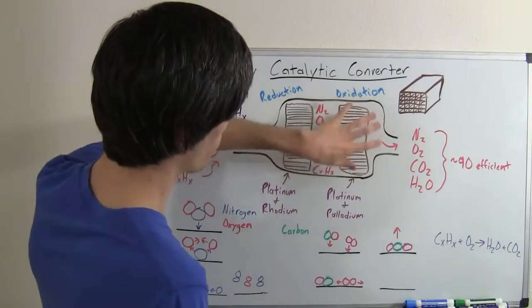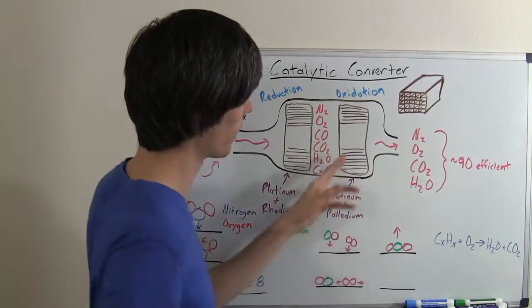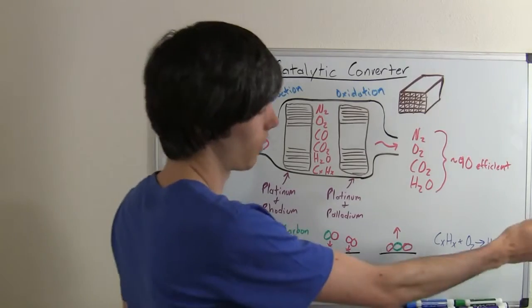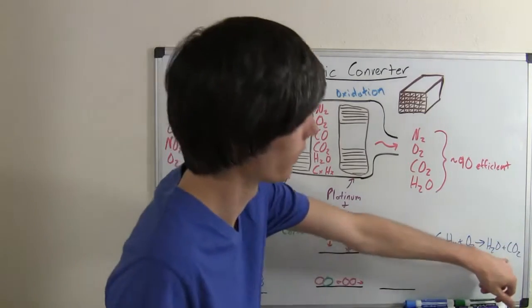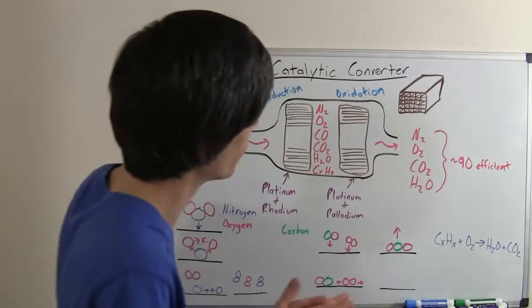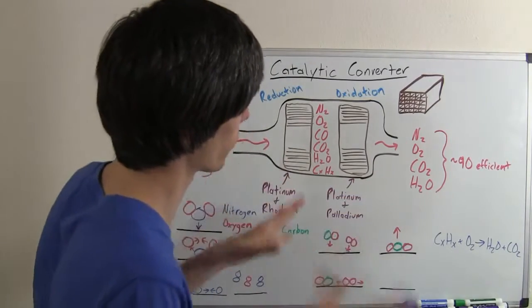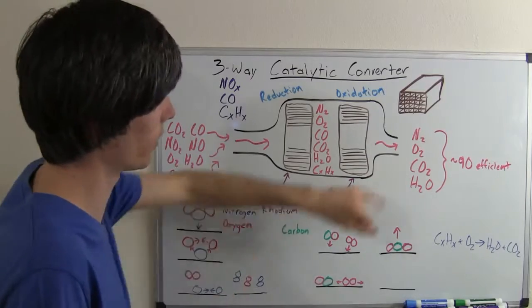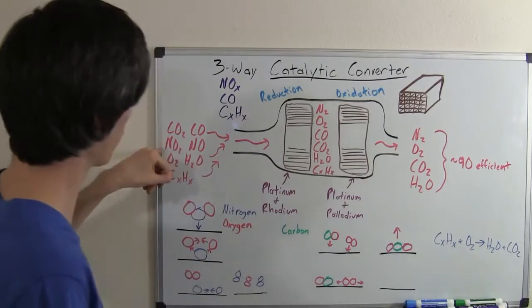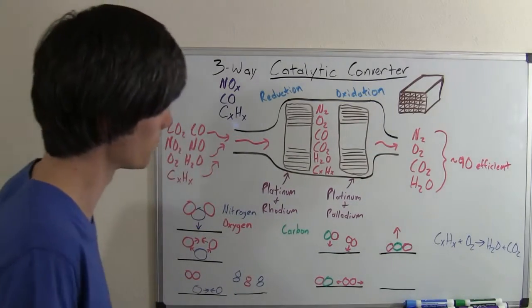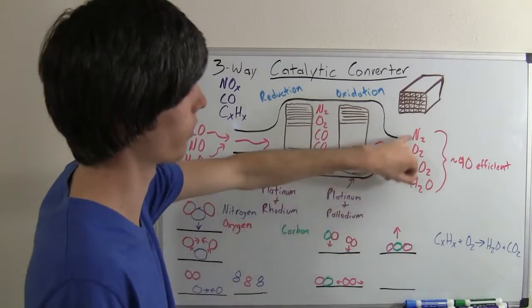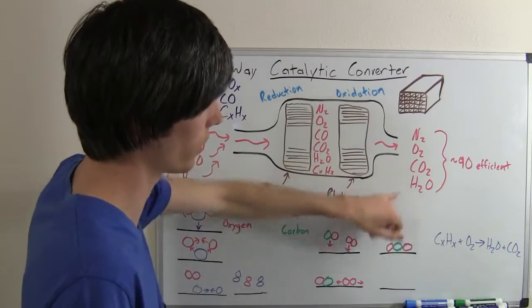They're going to combust, react within this catalytic converter, and they'll be forming the harmless H2O and then the kind of harmful CO2. So catalytic converters do not eliminate CO2, but they do eliminate the other gases, NO2, NO, and CO. After it's gone through this phase, you're just left with N2, O2, CO2, and H2O.